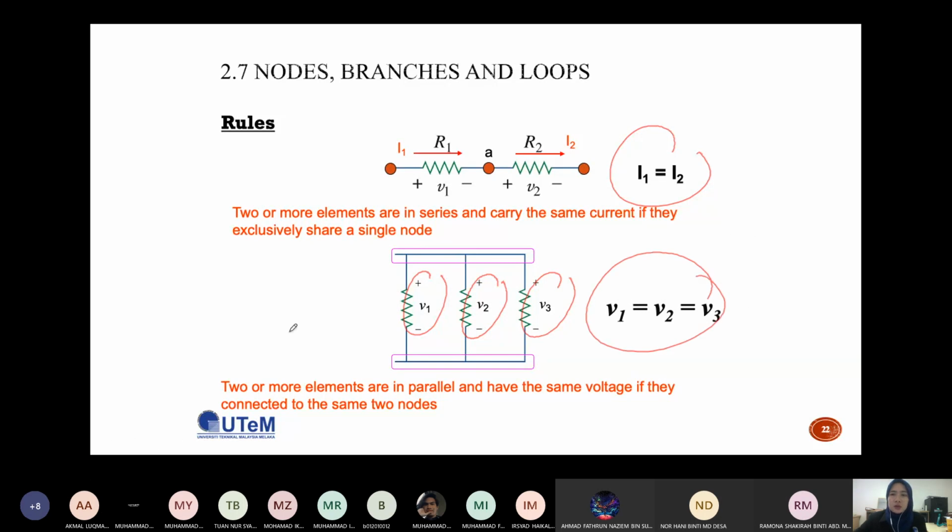You must always remember this rule. The voltage here is always the same as the voltage here and also the same as the voltage here.